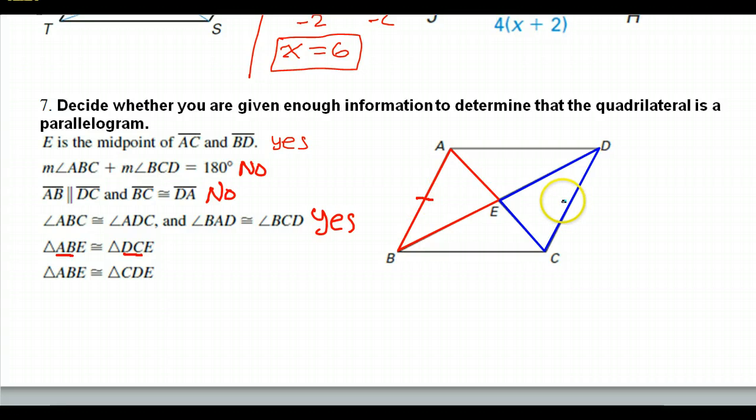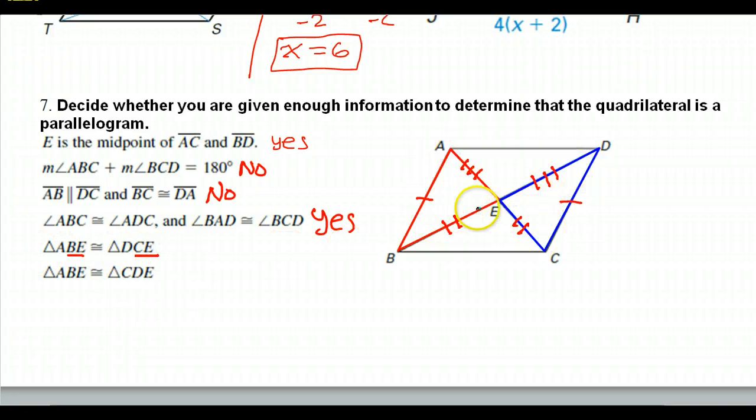Now, similarly, we can see that segment BE would be congruent to segment CE. So BE and CE are in the same places, right here. And then that leaves AE to be congruent to ED. Okay, so these are the congruencies I would get from this triangle congruence.